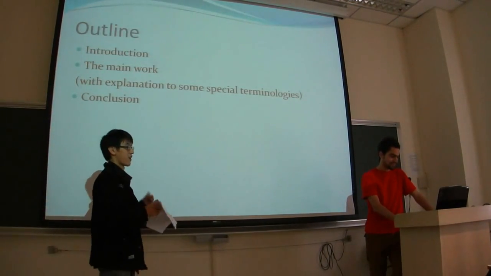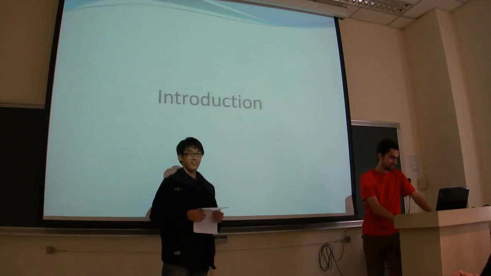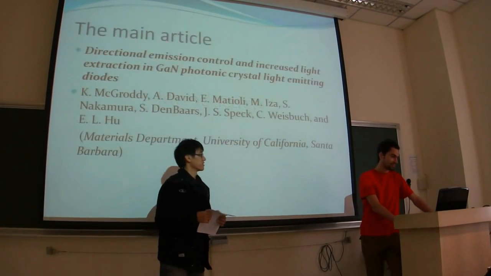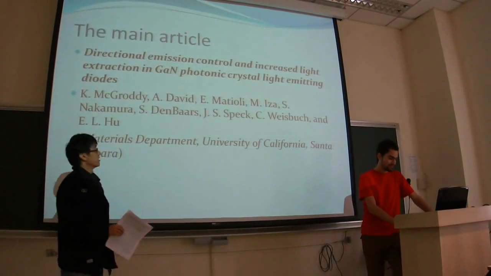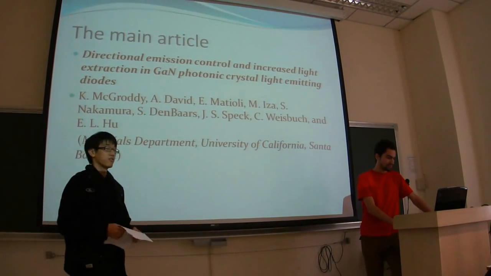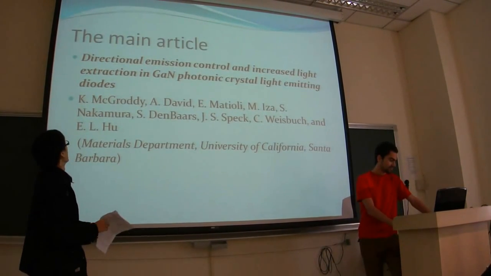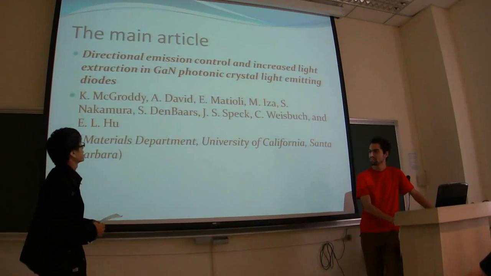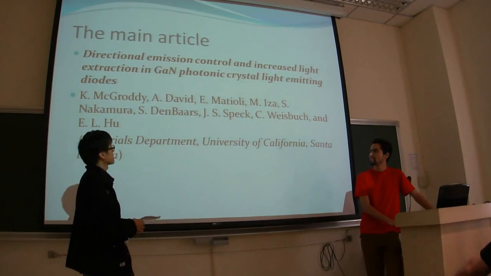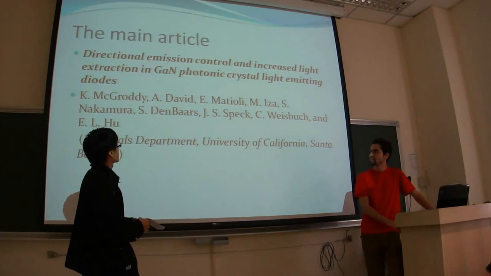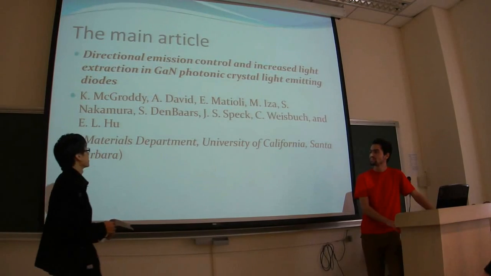And here is our outline. It is quite simple, so let's get started. This is the main article we are going to talk about. The title is Directional Emission Control and Increased Light Extraction in Gallium Nitride Photonic Crystal Light Emitting Diodes.